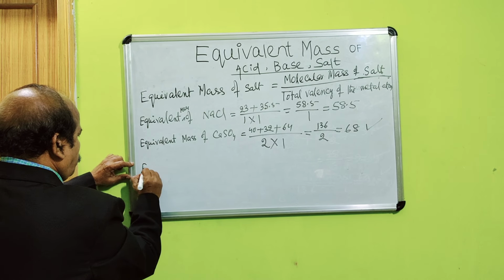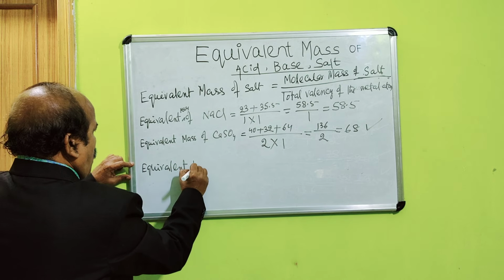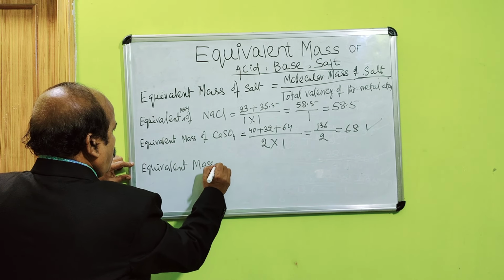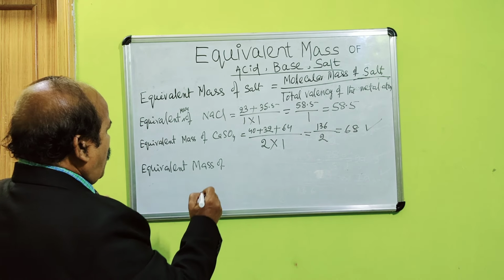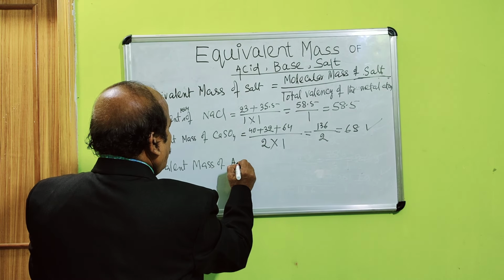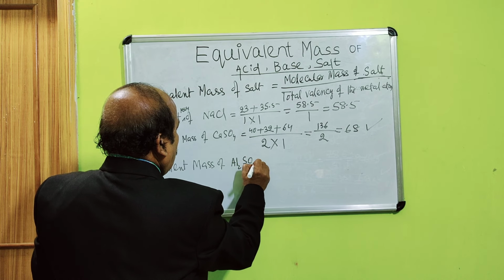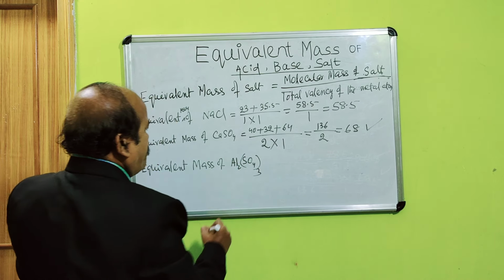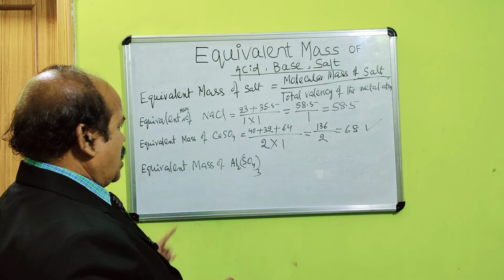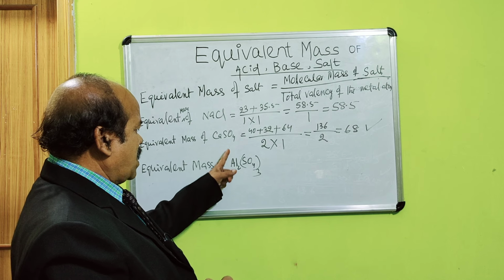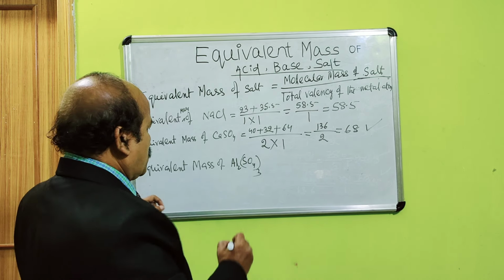Now, equivalent mass of aluminum sulfate, Al2(SO4)3. Aluminum is group 3, its valence is 3, sulfate is minus 2, so Al2(SO4)3.